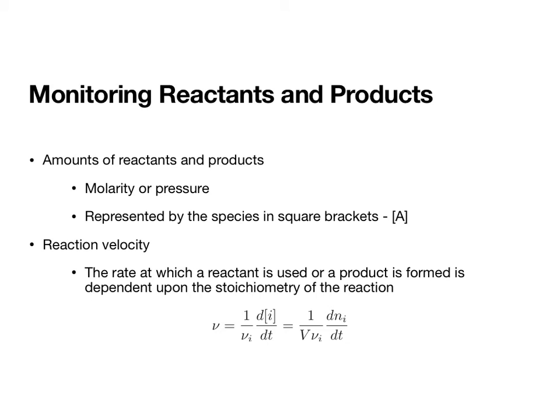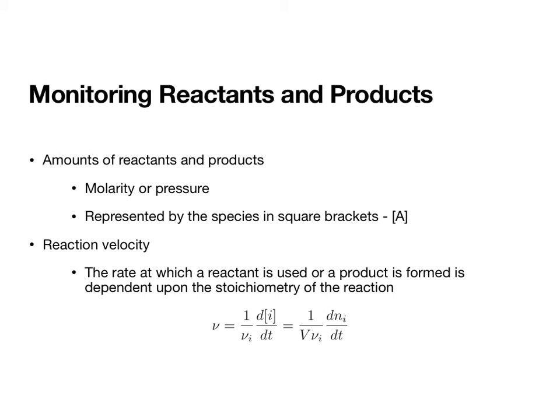Okay, so in order to understand the speed of reactions, we have to monitor the reactants and products. A lot of times we like to watch the amount. And so to monitor the amount, we would watch the molarity or the pressure of a specific reactant or product.